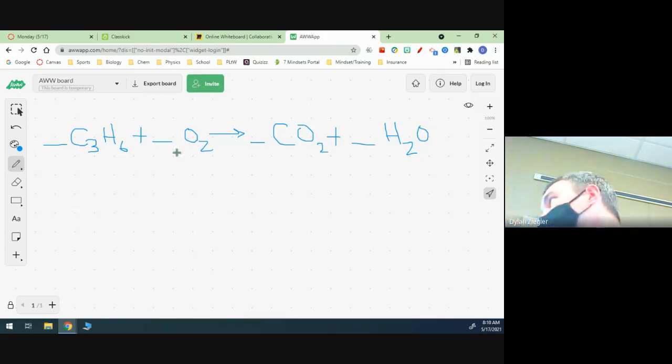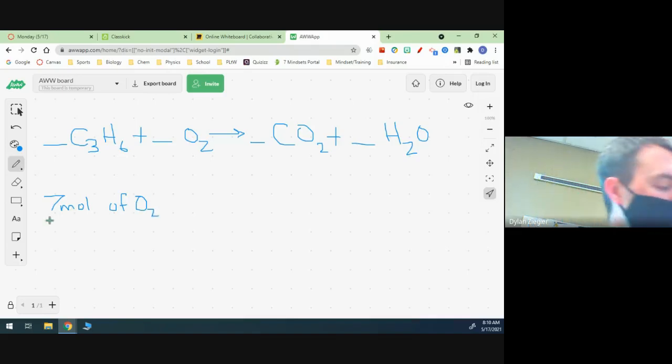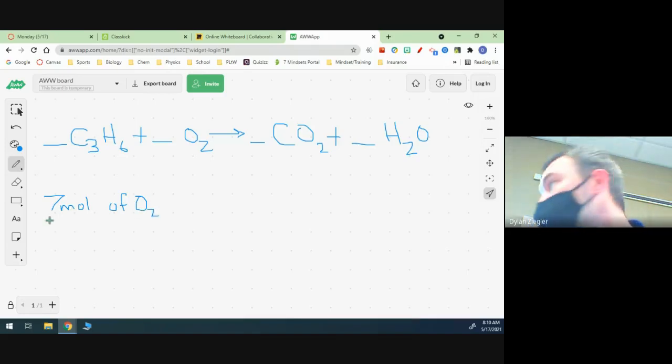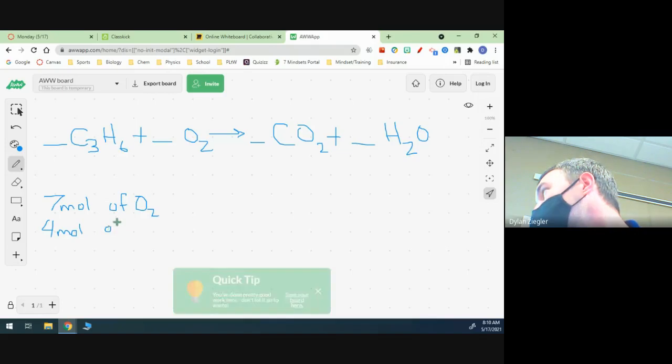Okay, so there's the equation. We have 7 moles of O2, and 4 moles of C3H6.